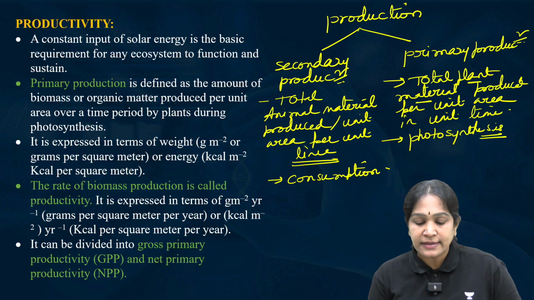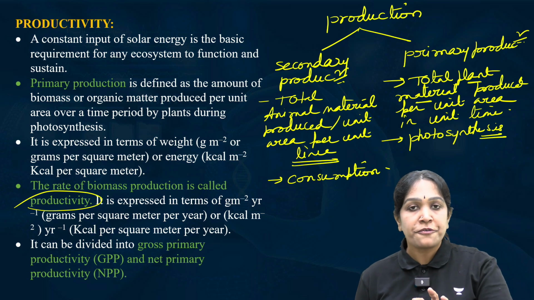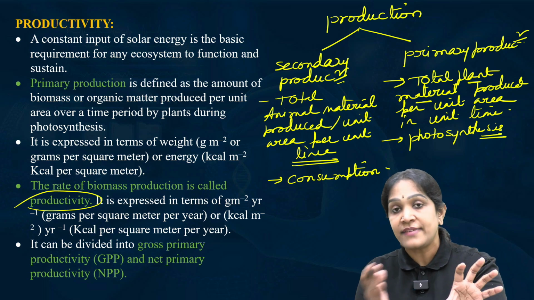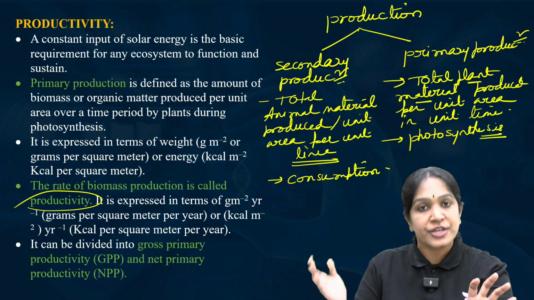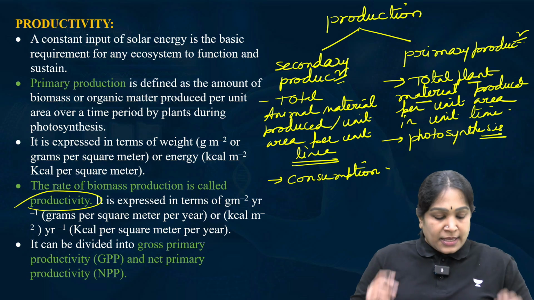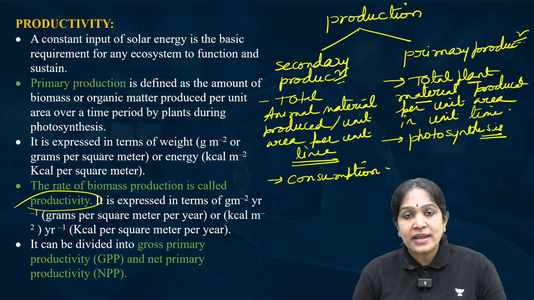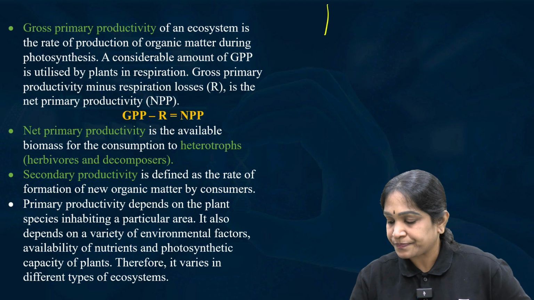And there is another term called productivity. If production is the amount of matter produced, productivity is the speed of the production. The rate at which the production is happening is called productivity. In the productivity, particularly in the primary productivity, we have two types.